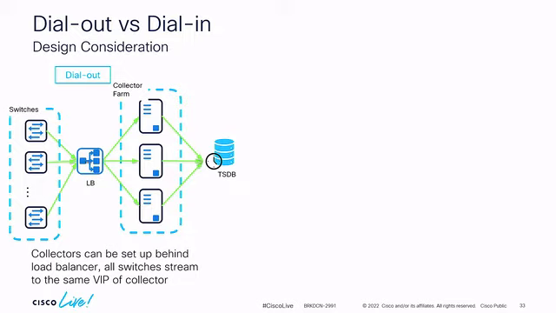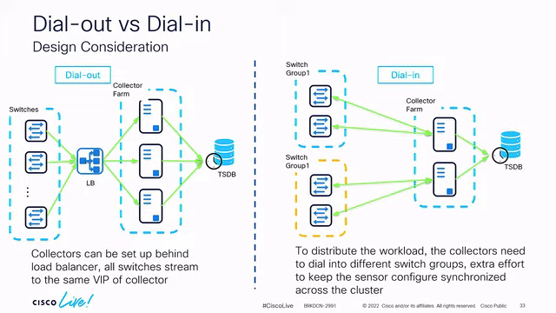But if you have a scale setup of over 100 and even 1,000 switches, there's no way you can handle that with just one collector. So you have to build some load balancing. Because of the nature of TCP, if you're using dial-out, it's relatively easy. You just insert a load balancer in the middle and use the VIP for the telemetry collector, and then the load balancer is going to handle the load balancing for you. Fairly easy, right? Well, I would say straightforward.